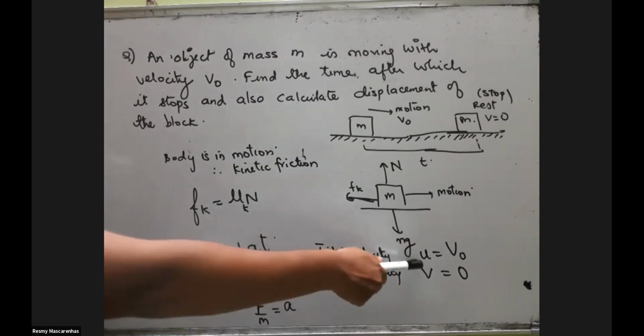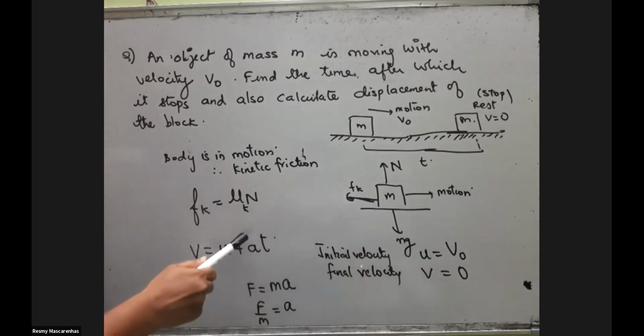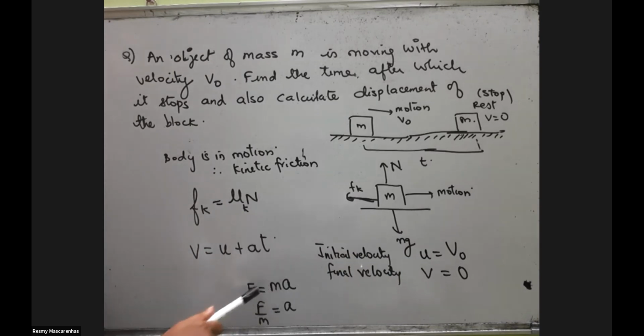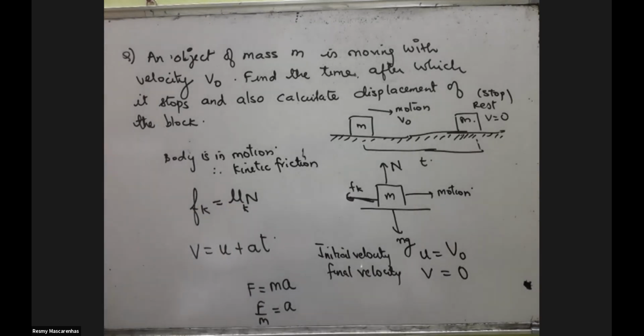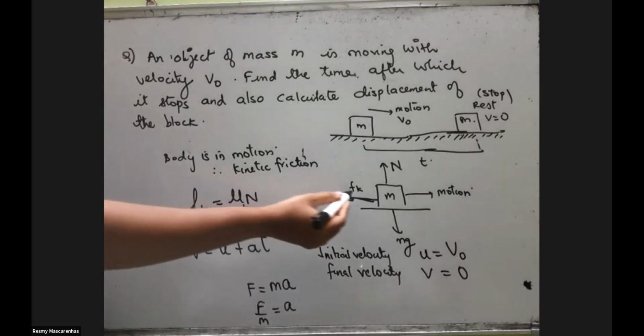We know v, we know u, we don't know a. So for that I'm trying to find it out. Force is mass into acceleration, so m will come down. So what will be F? That is nothing but the frictional force.